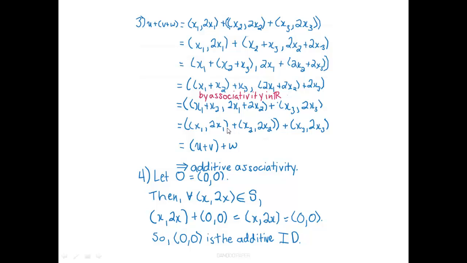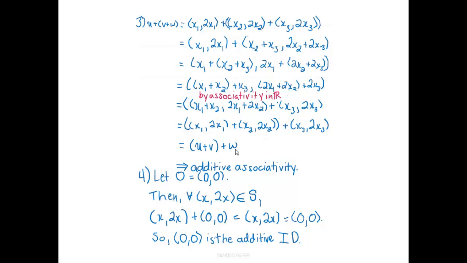And I continue further and use my definition of vector addition to break this first set, and that gives me (x1, 2x1) + (x2, 2x2), and this is in parentheses, so I end up with (u + v) + omega, which proves associativity under addition. 3 down, 7 to go.